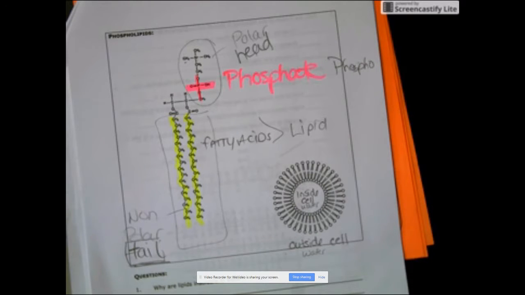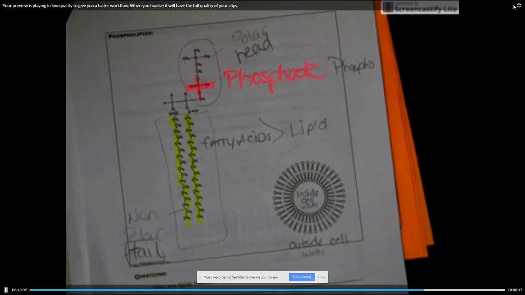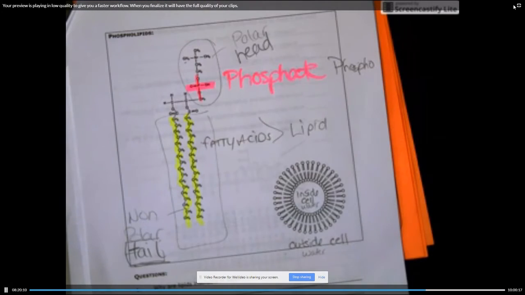Remember, the heads like water and the tails don't like water. So polar dissolves polar, right? Non-polar likes non-polar. So if you're going to highlight the heads, which are polar, in pink, let's do it.